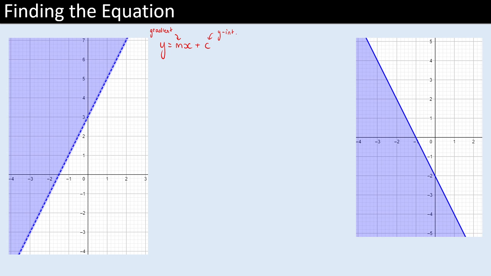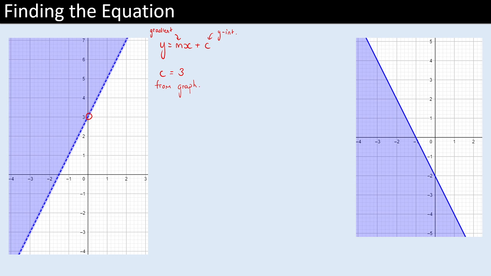Now, good news for us is that we've got a nicely drawn graph on a grid and we can see exactly where the y-intercept is. The y-intercept is at 3, so I know that c is equal to 3. I just got that from the graph. I didn't have to substitute any coordinates in or anything like that. I could just go, it's right there.